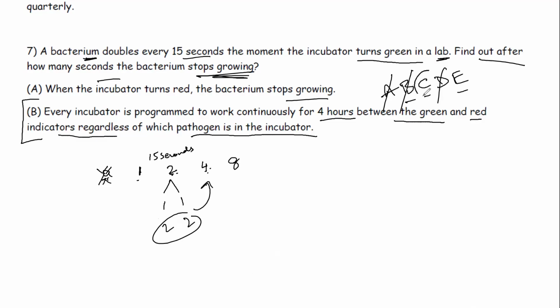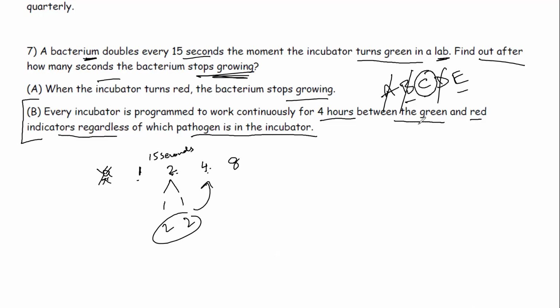Now, when we take both together, we know for a fact that red means it stops growing. They've also told us that the incubator works continuously. So once it's in the incubator, the only way it can stop is after 4 hours.